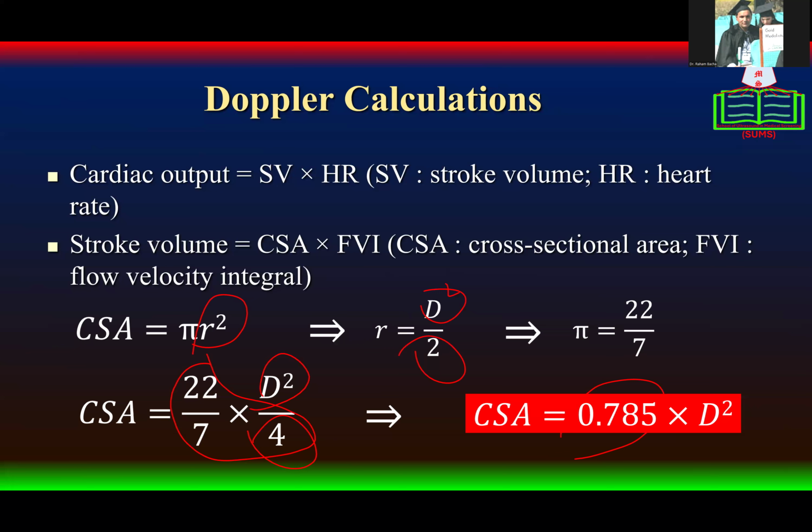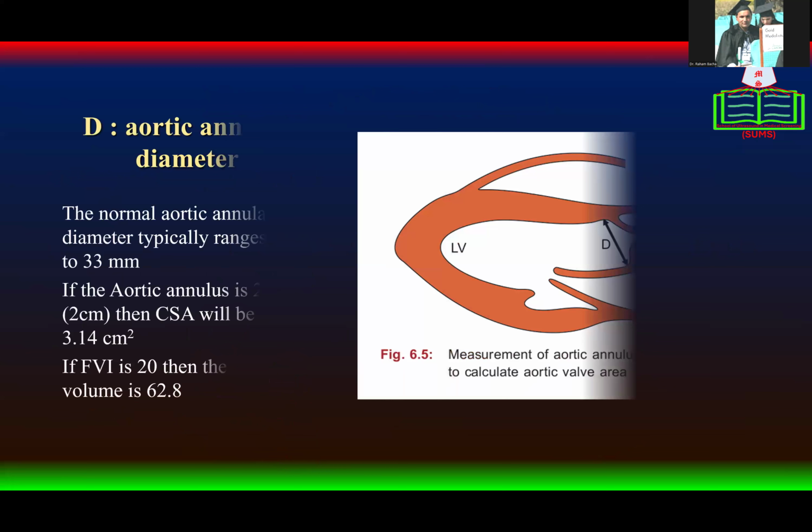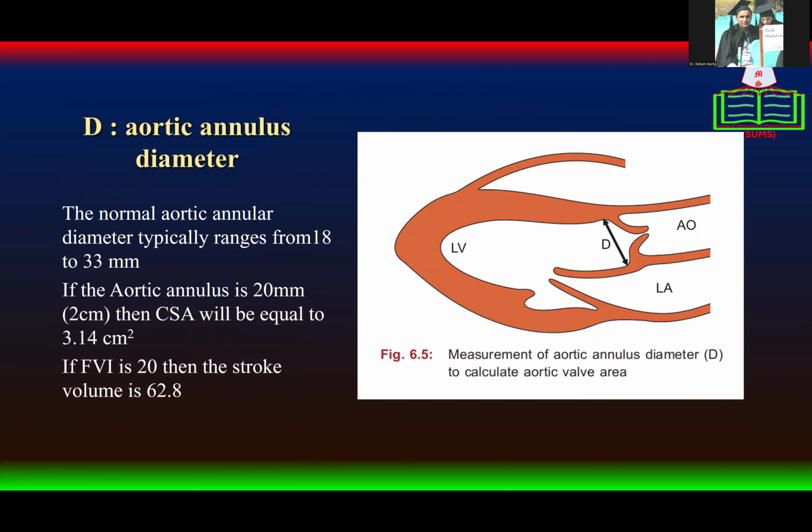Now it is too simple. We calculate the aortic diameter, square it, and multiply it with 0.785, and we get the cross-sectional area of the aorta. Normal aortic annular diameter typically ranges from 18 to 33 millimeter.